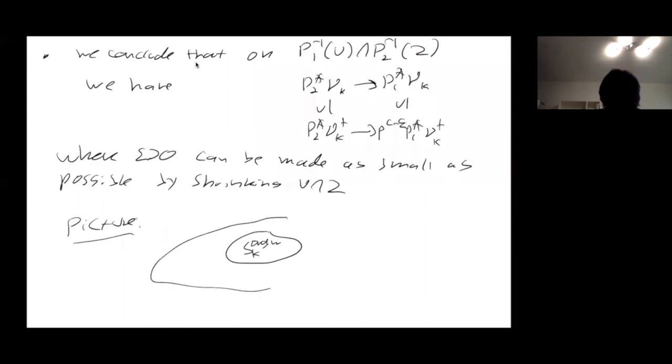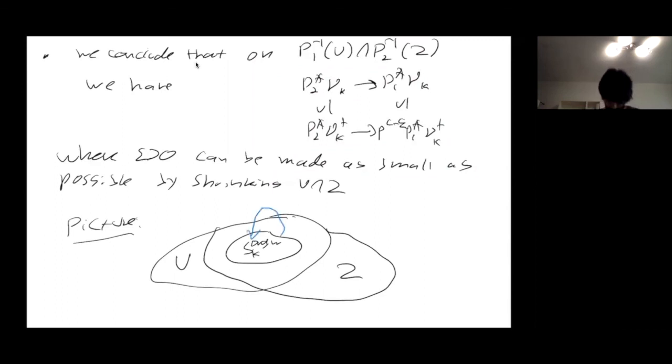And then we have maybe our open set U, and we have our closed set Z. And so the point is when you look at the action of the correspondence, there's some part which is sort of staying on the piece that we care about, but then there's also allowed to be stuff which is sort of leaving and stuff which is coming in. But the rule is that the stuff which is coming in has to be coming in from outside of the set U. And the stuff which is leaving has to be leaving the set Z.